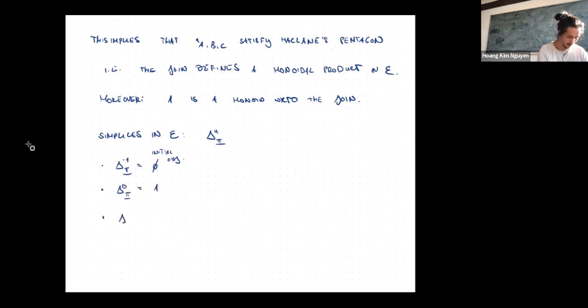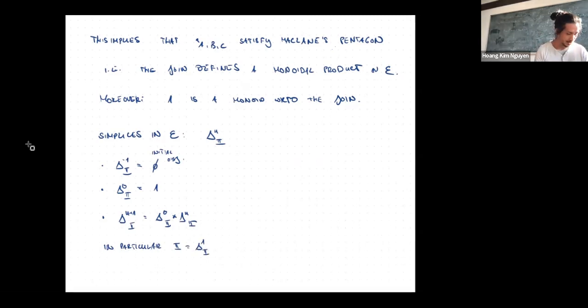And by induction then, in particular, we have that the interval itself is just delta 1.